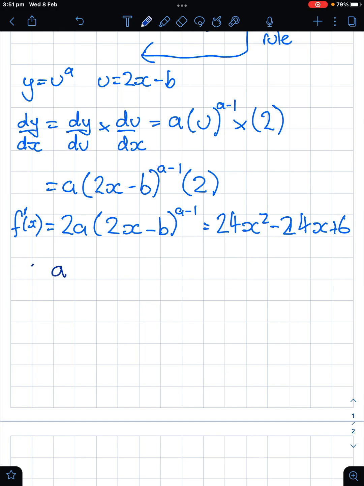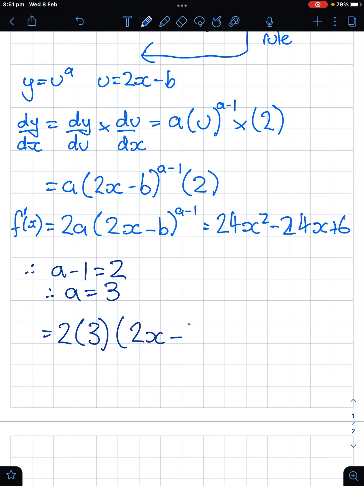Therefore, a minus 1 equals 2, which means a equals 3. So now we sub a into this equation. We've got 2 times 3 (2x minus b) to the power of 3 minus 1, which equals 6(2x minus b) squared.